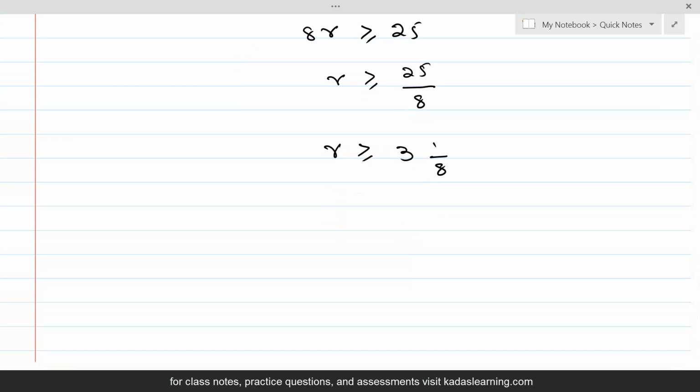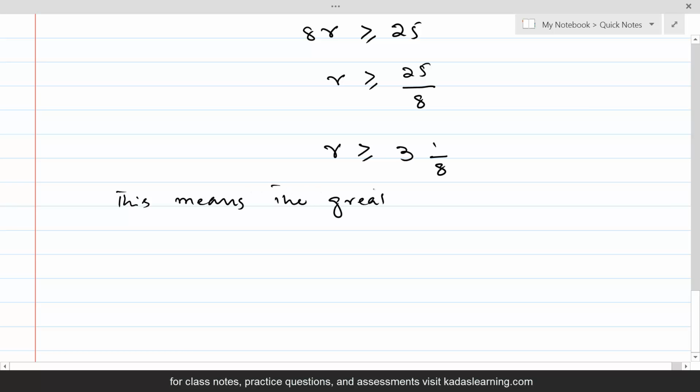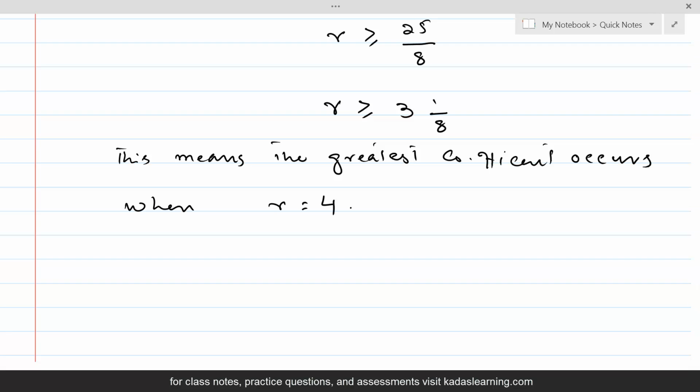This means the greatest coefficient occurs when r is equal to 4, because before, for r equal to 0, 1, 2, 3, coefficients start increasing.